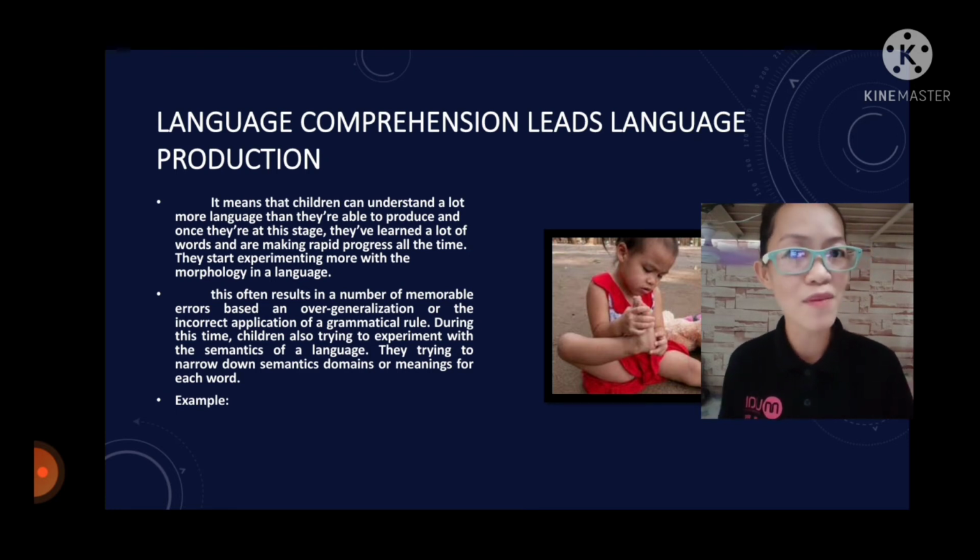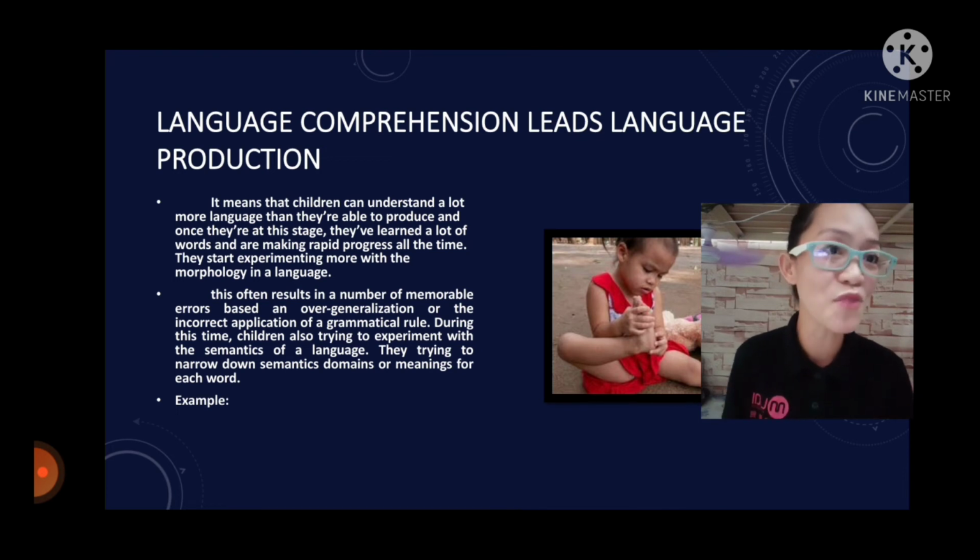During this time, children are also experimenting with language. They're trying to narrow down semantic domains, or meanings, for each word. For example, the child will say, my foot hurts. The adult will say, oh, you hurt?